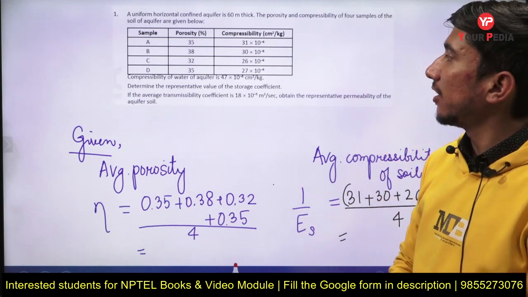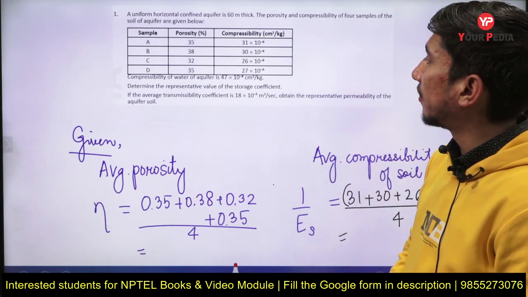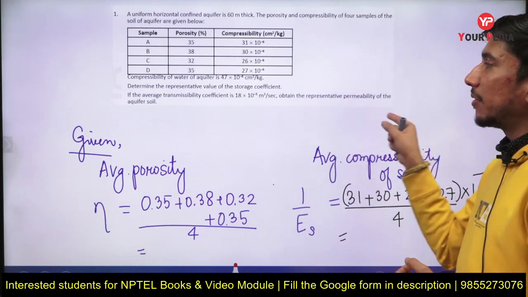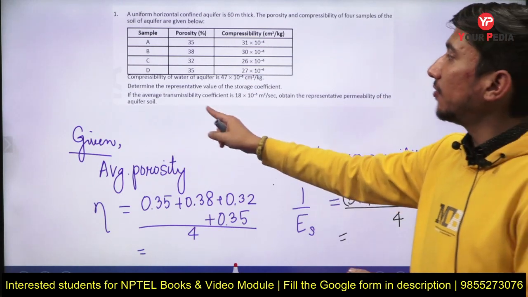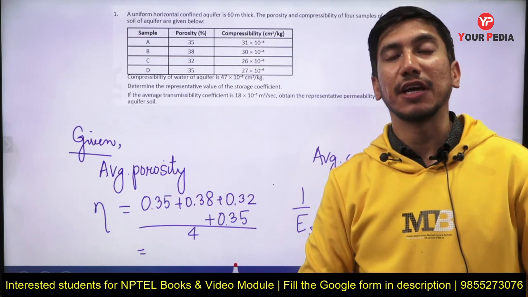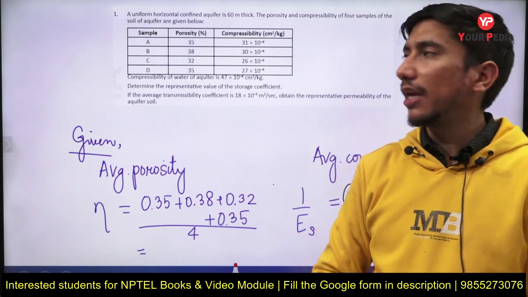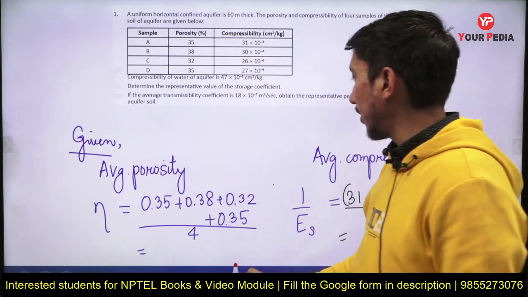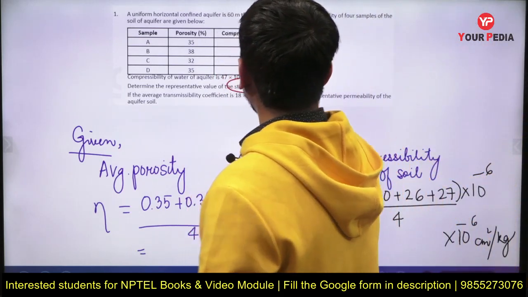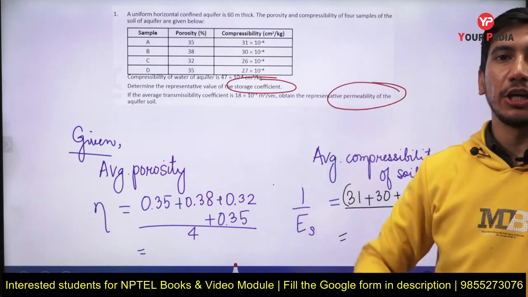We have to determine the representative value of storage coefficient and then we have to find the representative permeability of the aquifer soil if the average transmissibility coefficient is 18 into 10 raised to power minus 5 meters square per second. Okay, so this particular data has been given and we need to find what? We need to find storage coefficient and we need to find the permeability of this particular aquifer.